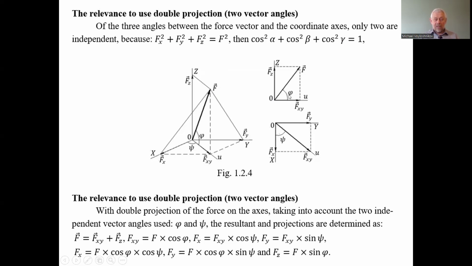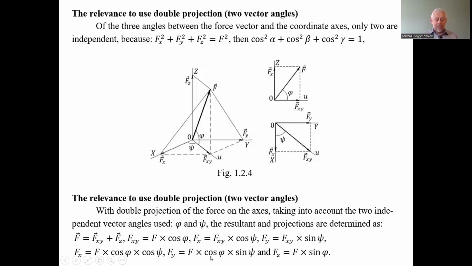The Fxy leg is the product of the force magnitude F by the cosine phi. So in this case we have this horizontal projection of the force, meaning the projection onto the horizontal plane x0y, located perpendicular to the axis z and to the rectangle. So Fxy is a product of the magnitude of force F by cosine phi.